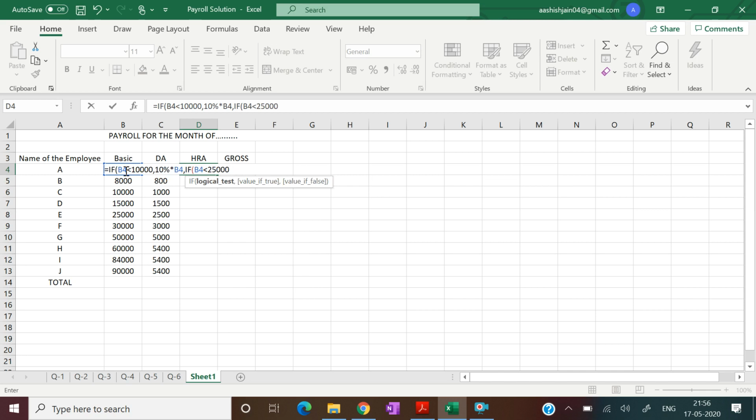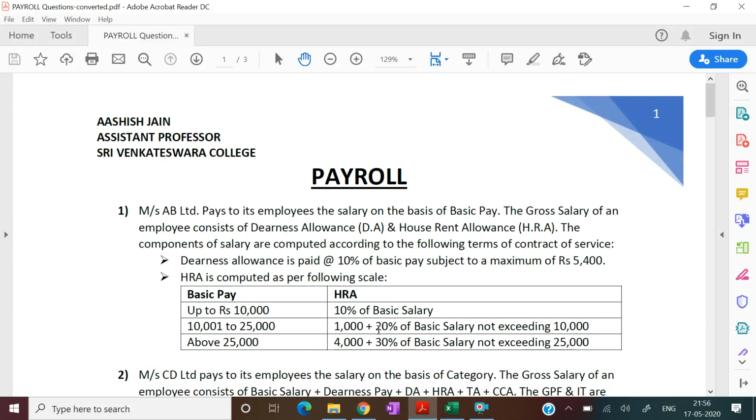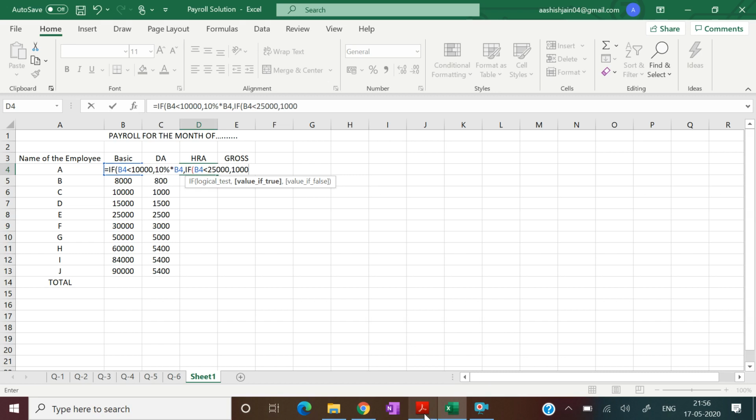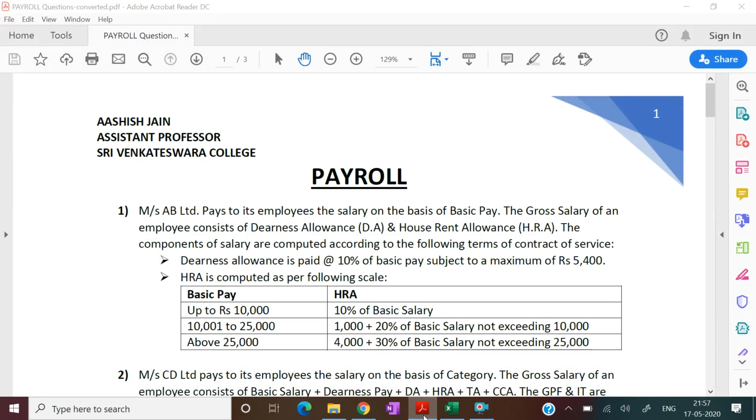then what should it be? Then it would be 1,000 plus 20% of basic salary, not exceeding rupees 10,000. So 1,000 plus 20% of basic salary, that is B4, and this amount should not exceed rupees 10,000.